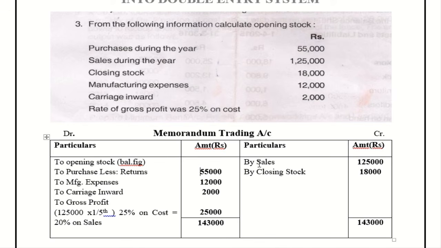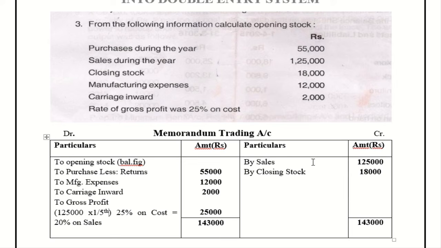So we have sales. Therefore, we need to convert this rate on cost into a rate on sales. Therefore, 25% on cost equals 20% on sales. You already know how to convert this using the conversion table. See here, 1,25,000 into 1 by 5, or 20% on 1,25,000, you will get 25,000.